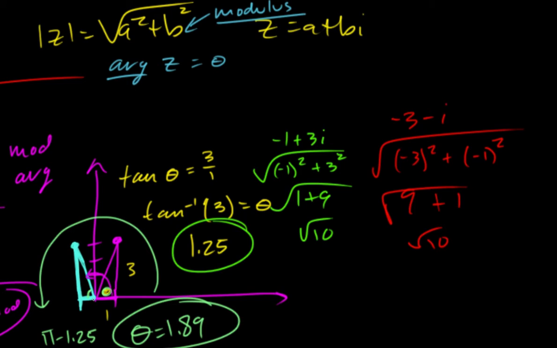Okay, this time we go, let's see, we go 1, 2, 3, and down 1. That, and we're rotating from here. So if we have 3 and we have 1 and we're trying to find that, it's going to be inverse tangent of 1/3 this time.